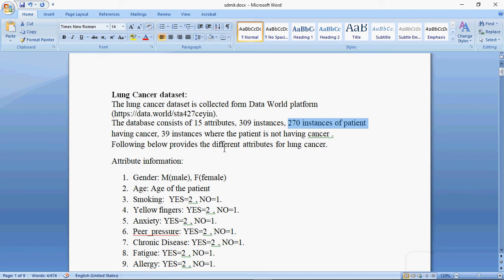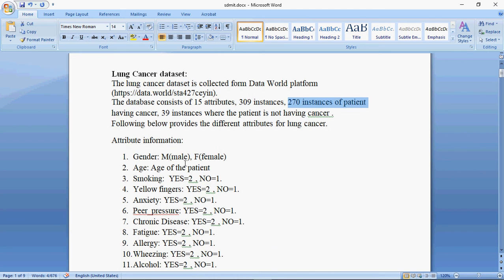So the number of events with lung cancer is much higher here. It's not divided 50-50. Rather, it's very high, roughly an 80 to 20 ratio. In 80% of the instances the person has cancer.